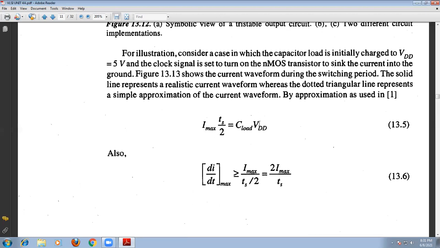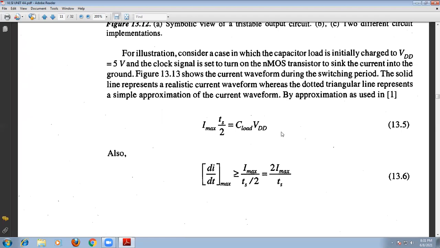And we know that the current I is nothing but the rate of change of charge, that is I equals Q by T. So from this you can get the charge Q equals I into T.